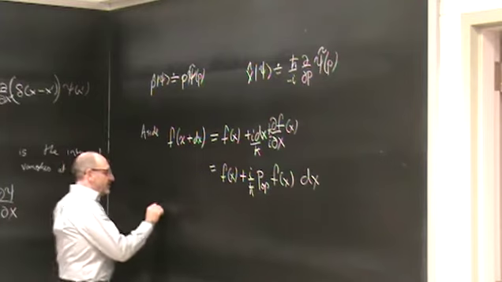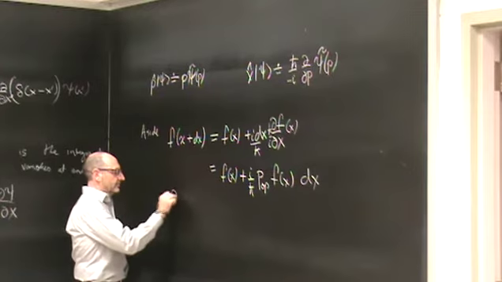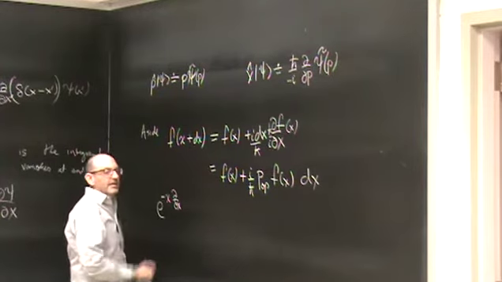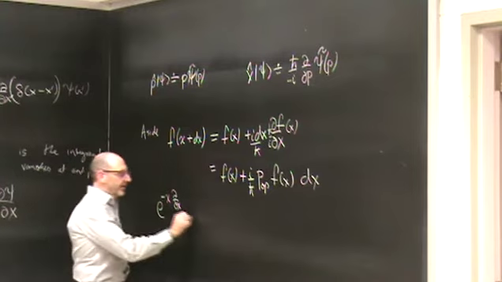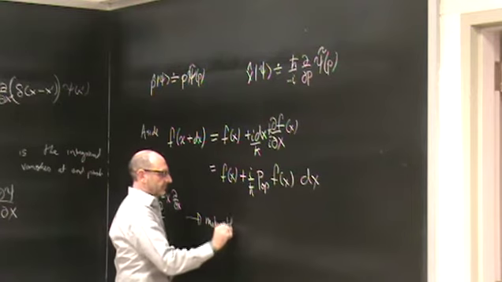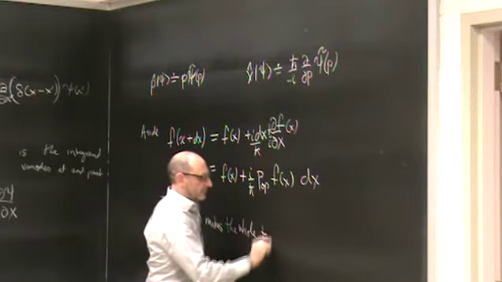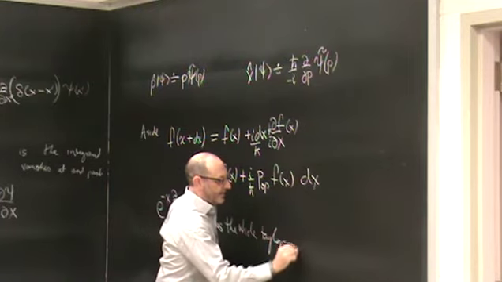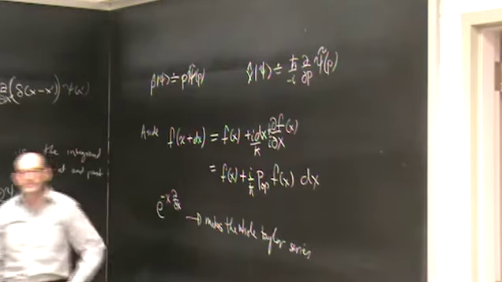And I'll leave it to you to show that this thing, which is the exponentiation of that, makes the whole Taylor series. That is to say, this translates you by an arbitrary amount.